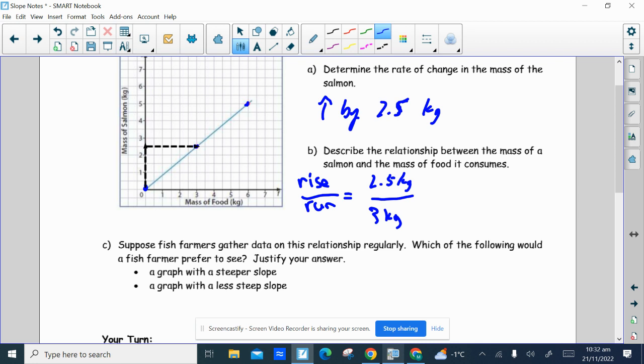It's rising as you go left to right. 0.833 repeating kilogram of fish per kilogram of food. That's what this means. For every kilogram of fish, they're going to use 0.83 repeating kilograms of food. That's what it means.